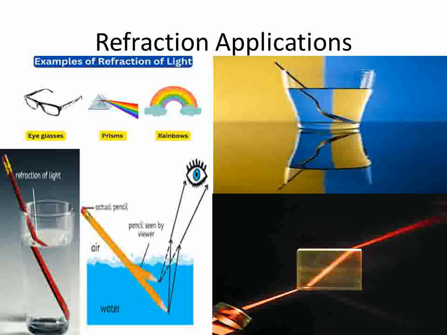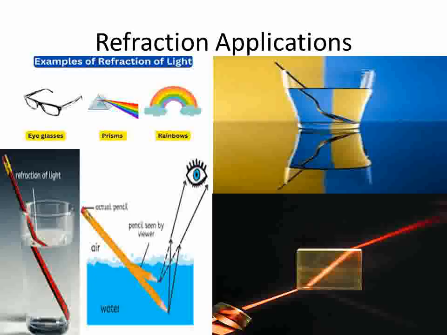In diagram 3, there is again water in a transparent glass container, and the pencil appears bending due to refraction of light. In the fourth diagram, the pencil appears again bending due to refraction of light. And in diagram 5, there is a glass slab. The ray of light is incident from air to glass and passes through air again.